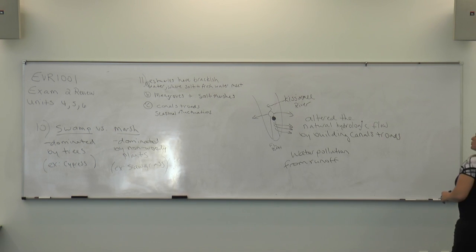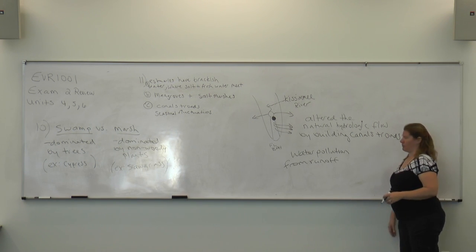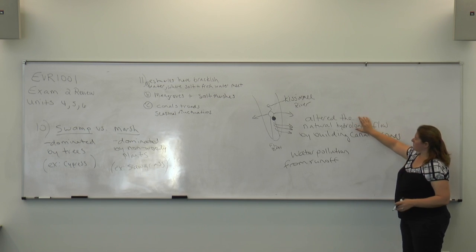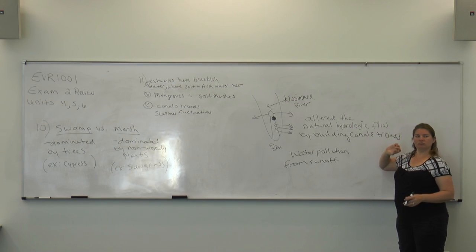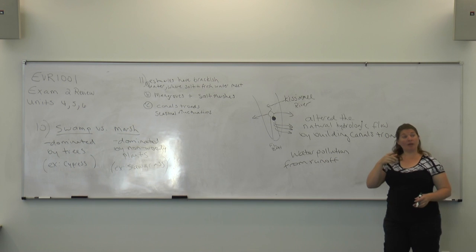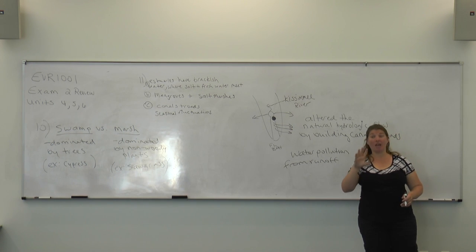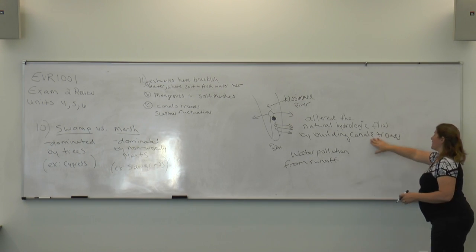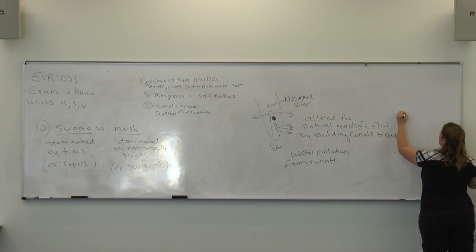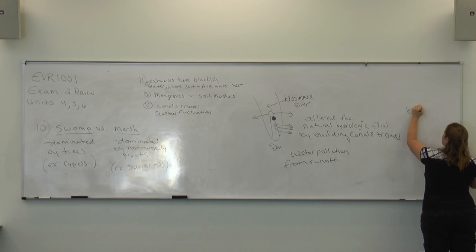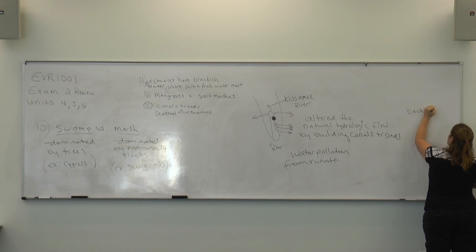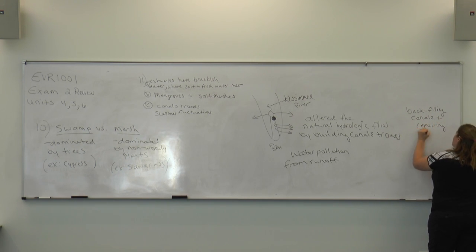What's being done to restore the Everglades ecosystem? So what's being done to fix this problem? Backfilling canals. Some of these canals are actually being filled in. So to fix this problem, we are backfilling canals and repairing waterways.